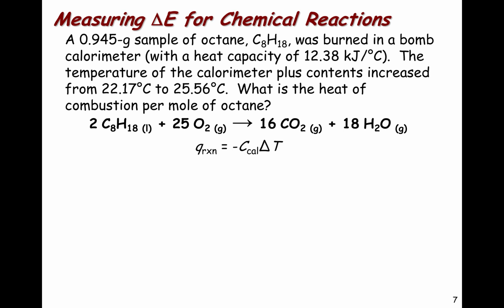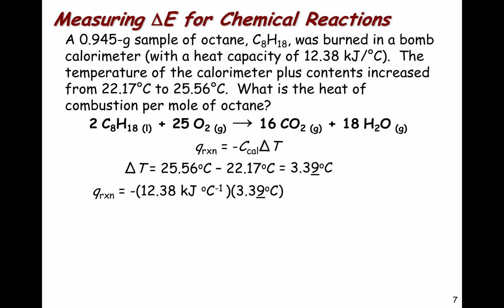Now, the first thing is we're going to calculate our heat. We're going to use our equation of Q of the reaction equals the negative of the heat capacity of the calorimeter times delta T. Our delta T value is the final temperature, 25.56, subtract the initial temperature of 22.17. This gives us a temperature change of positive 3.39 degrees Celsius.